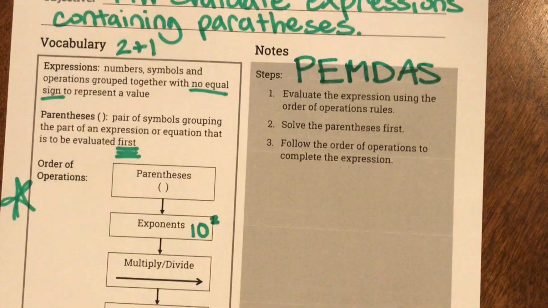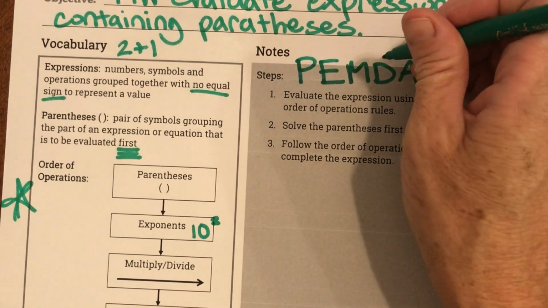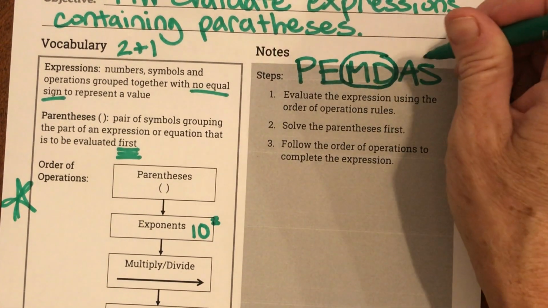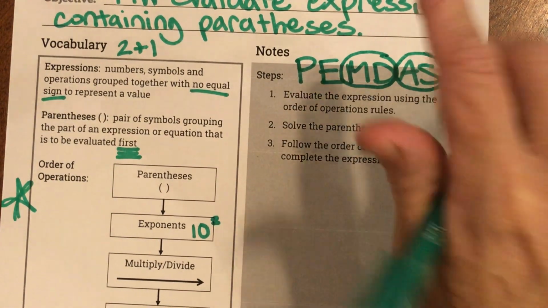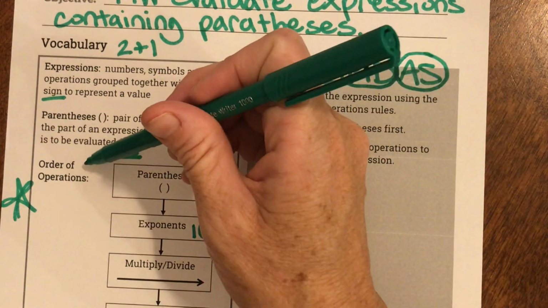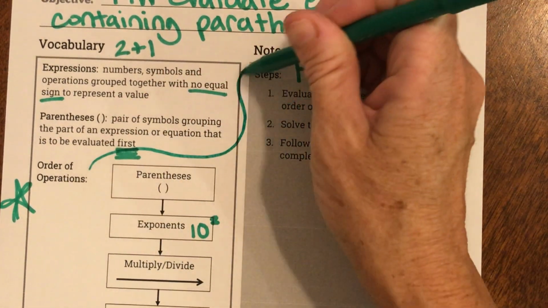But I want you to look at how I wrote PEMDAS. P-E, and then M-D gets circled and A-S gets circled. So it's PEMDAS. PEMDAS is my trick of how I remember order of operations.